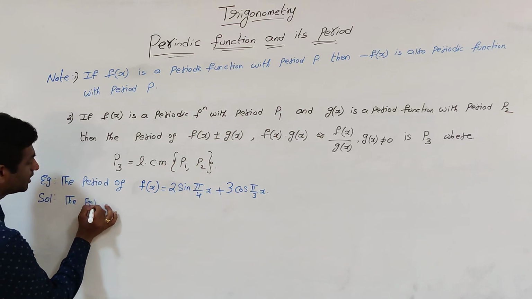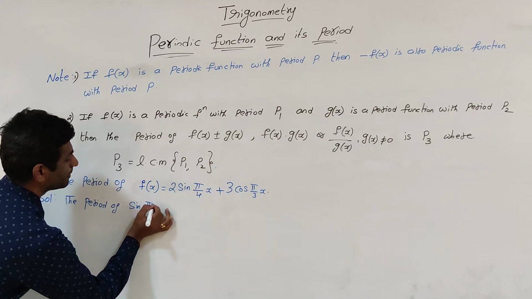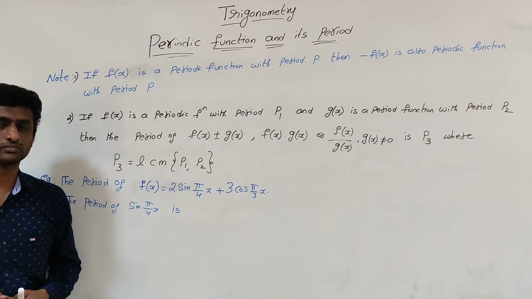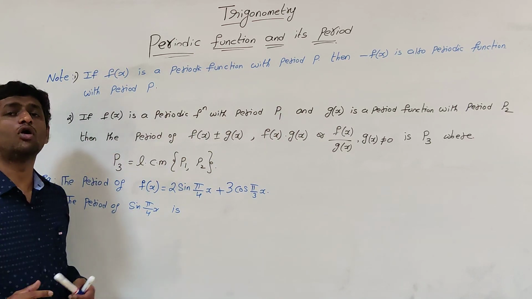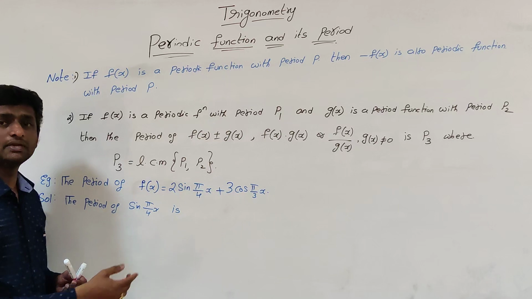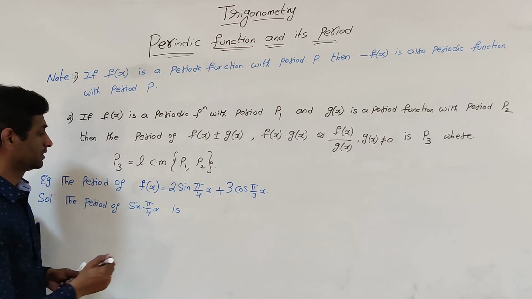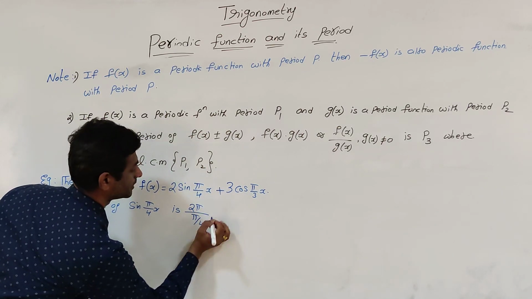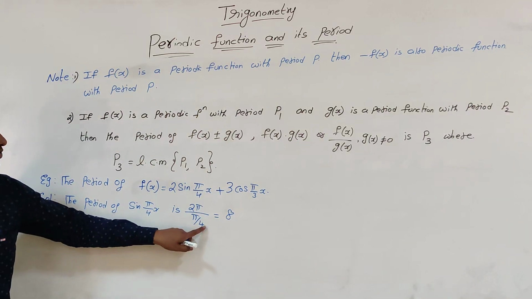The period of sin pi by 4x is what? Yes, it is 2 pi by mod a, where a is the coefficient of x, that is pi by 4. So what we can have is 2 pi by pi by 4. So pi gets cancelled. 4 will be in the numerator.